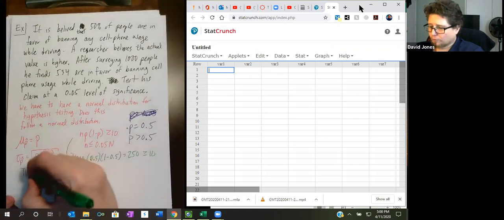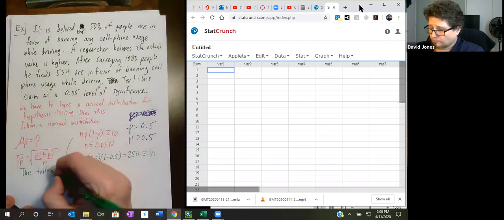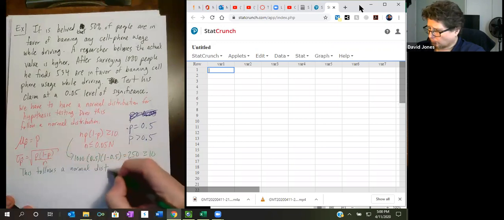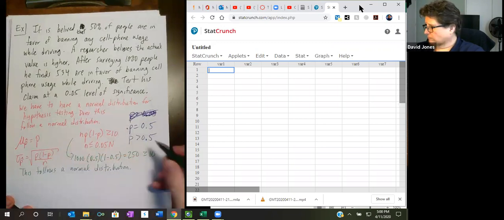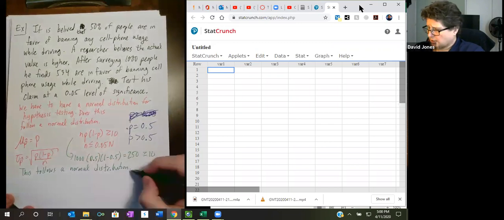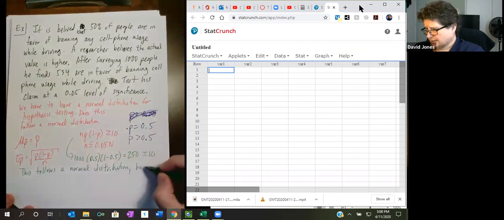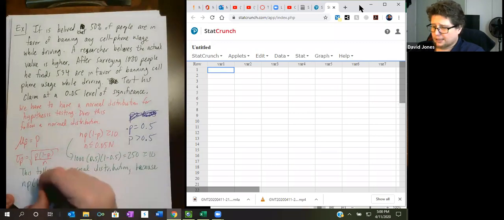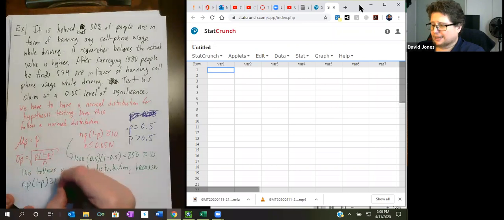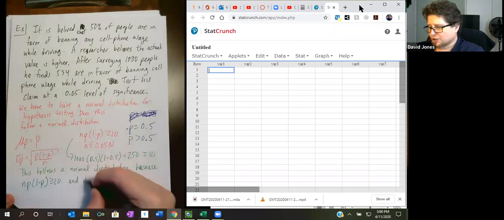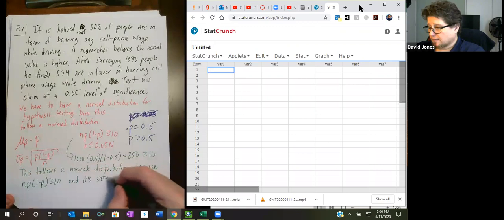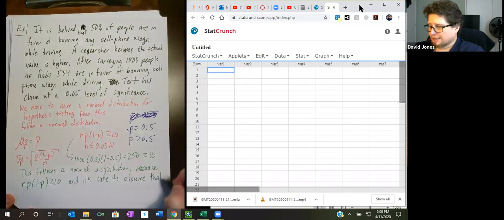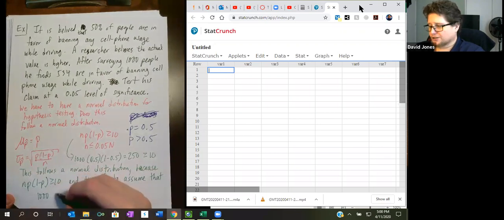So this follows a normal distribution, because n times p times 1 minus p was greater than or equal to 10, and it's safe to assume that 1,000 is less than 5% of the population.